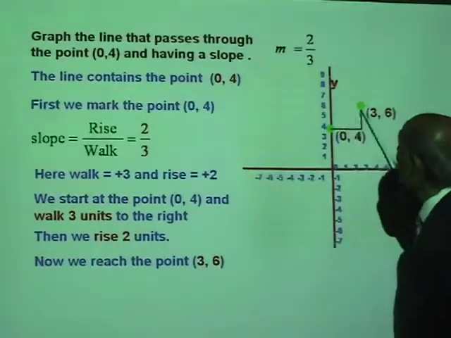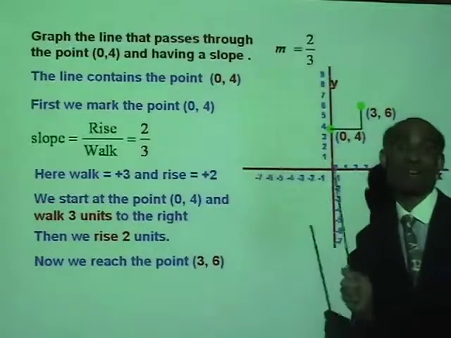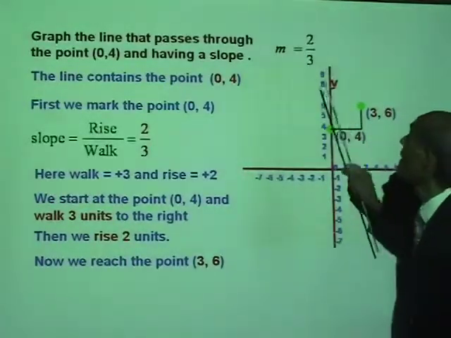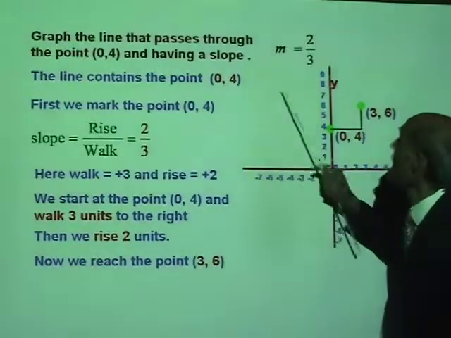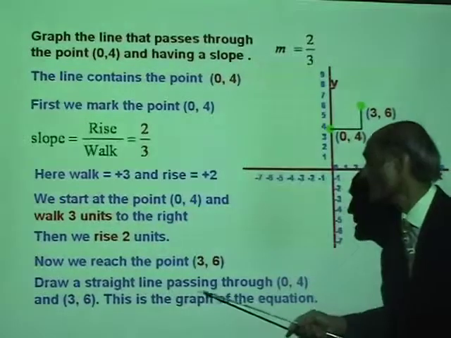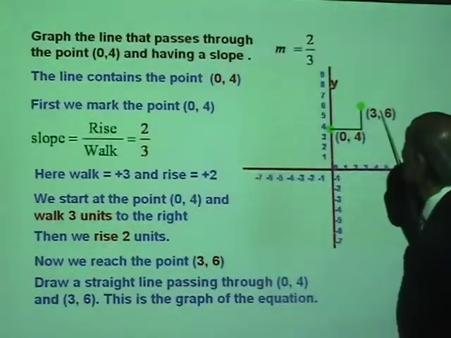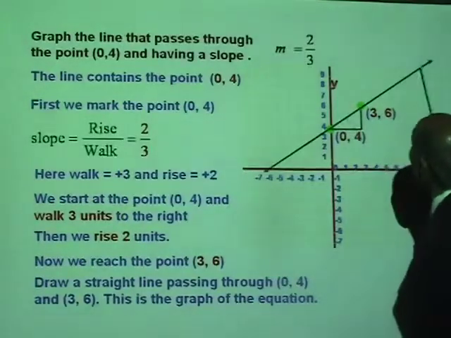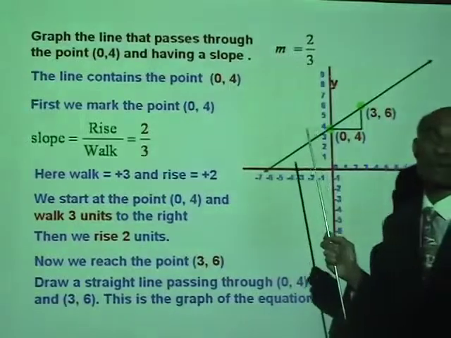Both these points are on the graph which has a slope m equal to 2/3 and passes through this point. So draw a straight line passing through (0, 4) and (3, 6), there we are. And this is the graph that is required.